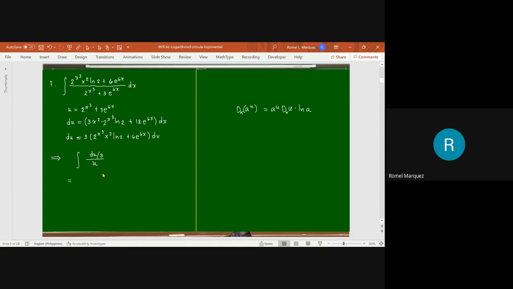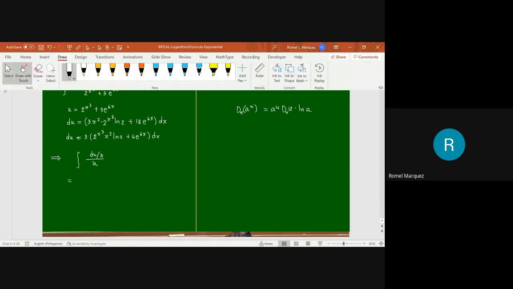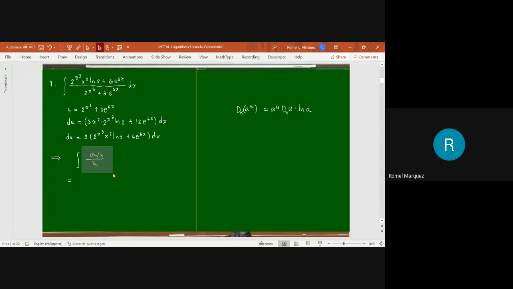Okay, guys? What is the integral now? I can write this as 1/3 times the integral of du over u. That's exact already. What's the answer, guys? 1/3 ln of the absolute value of u, plus c.